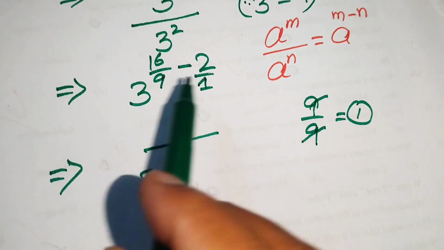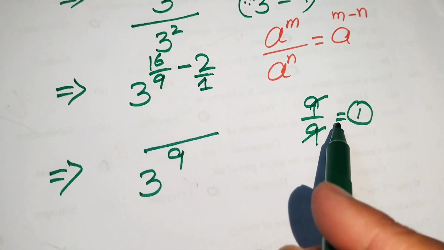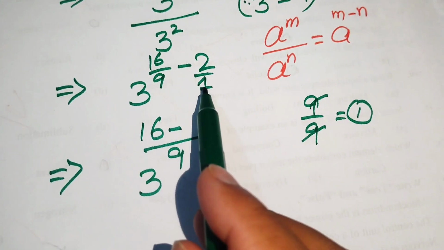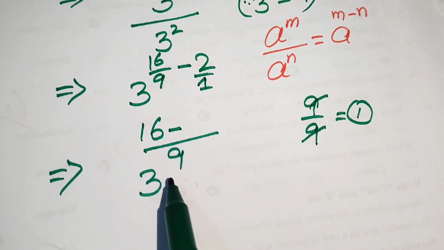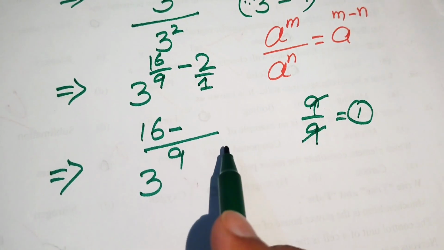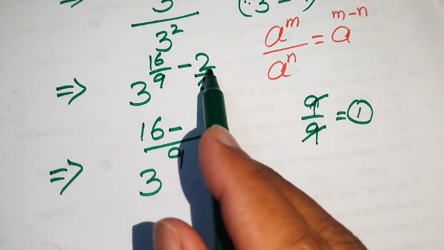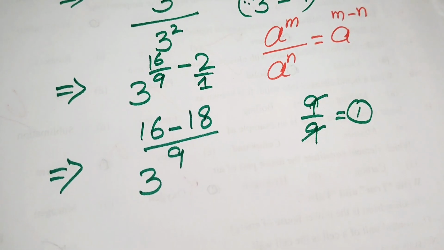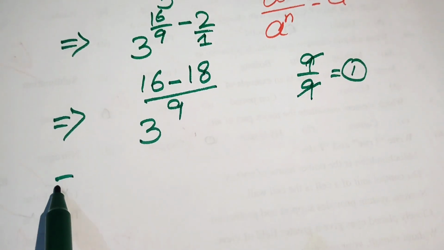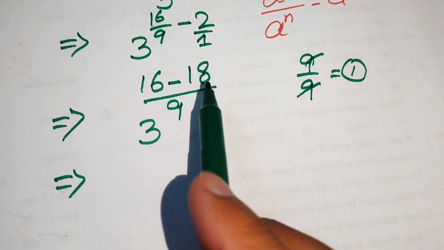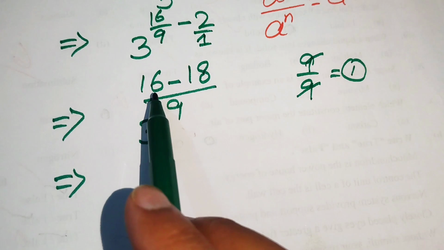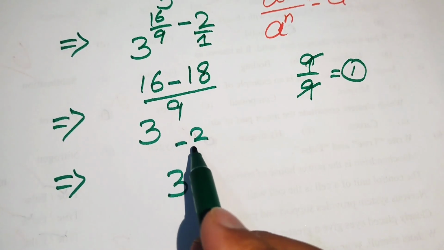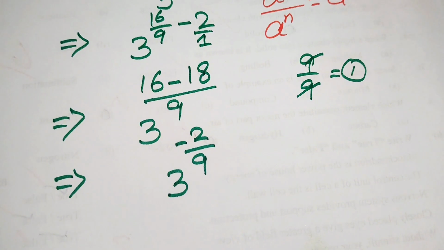And now we multiply this 1 to the upper terms, so 16 times 1 is equal to 16, minus, when we divide this 9 by 1 you get 9, and 9 multiplied by 2 is equal to 18. And now in the next step, we need to subtract these two values. When you subtract 16 minus 18, it is written as minus 2 over 9.